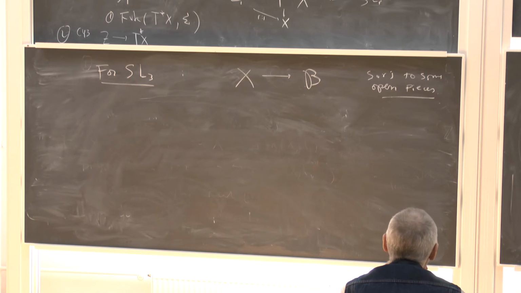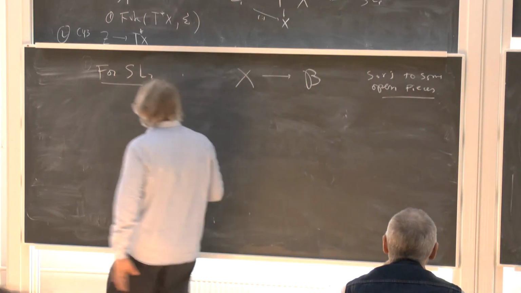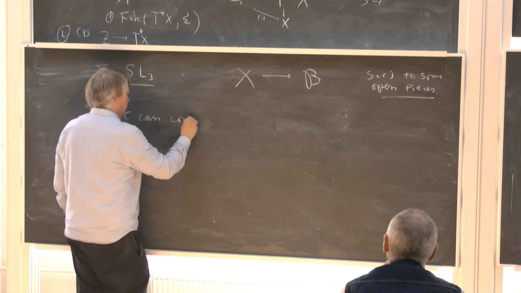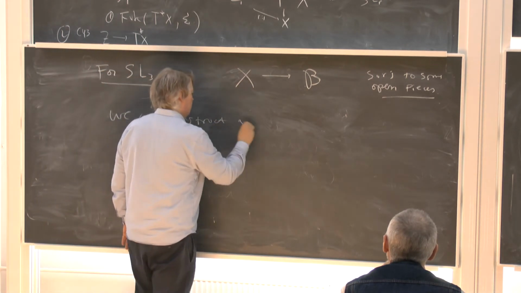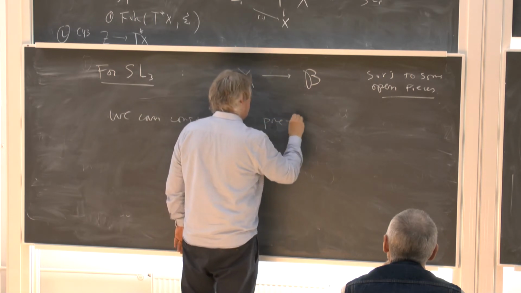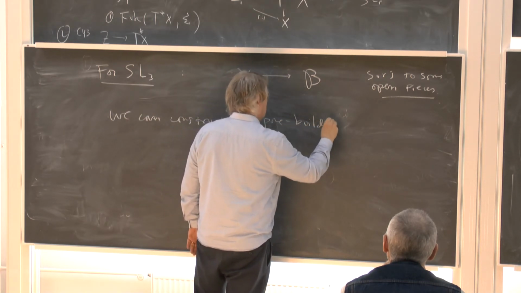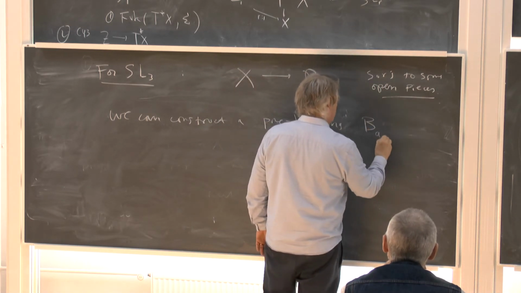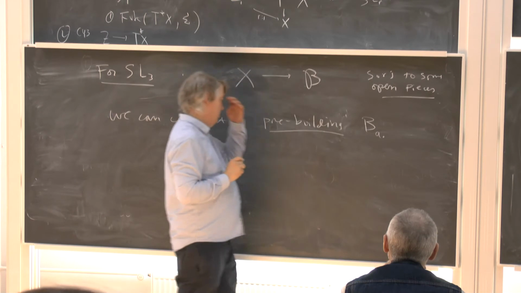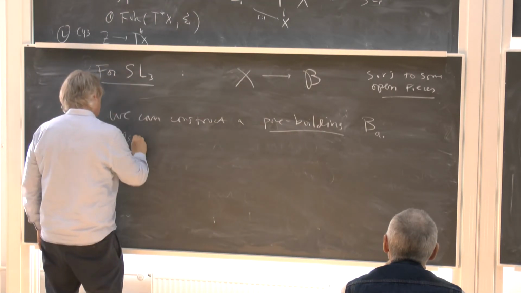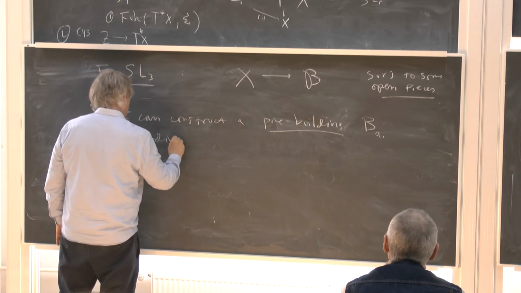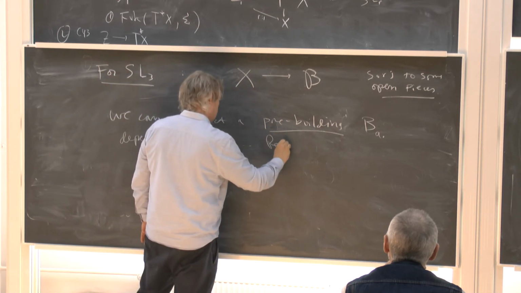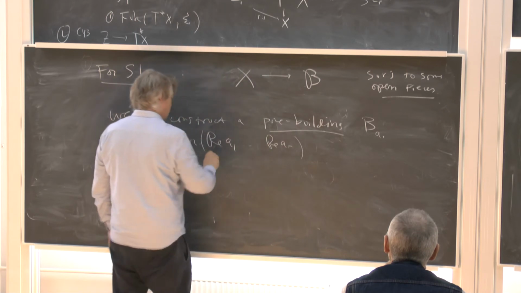But what we can say is that we can construct what we call a pre-building, B A dot, that depends only on these forms.